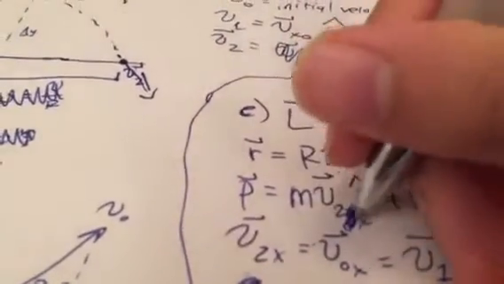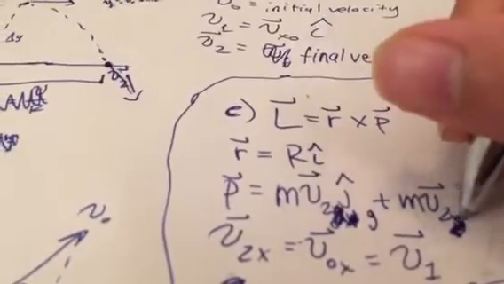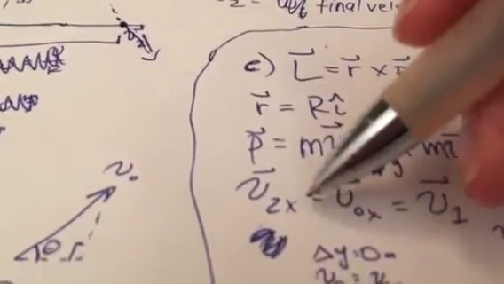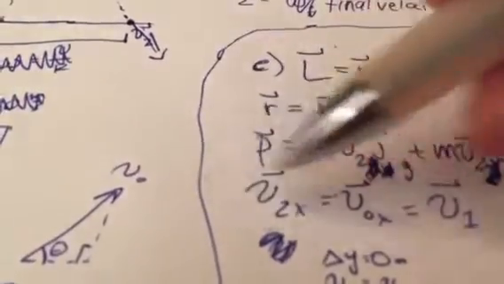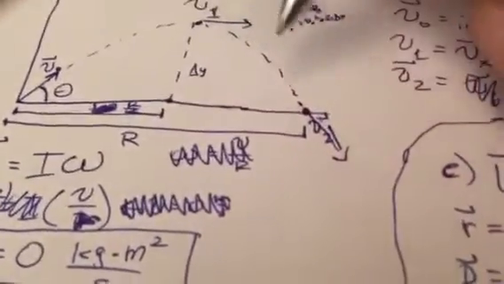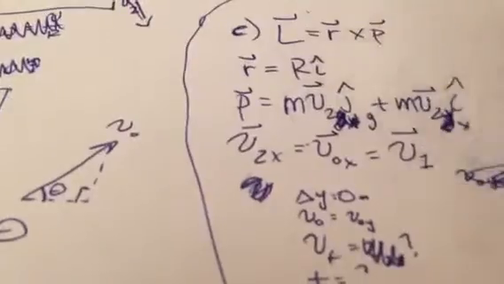Okay, j represents the y, and i represents x. So we know that the second velocity in the x direction is equal to the initial velocity in the x direction, because we defined earlier that in the gravitational field of Earth, the x direction velocity is constant. But in the y direction it's not constant.